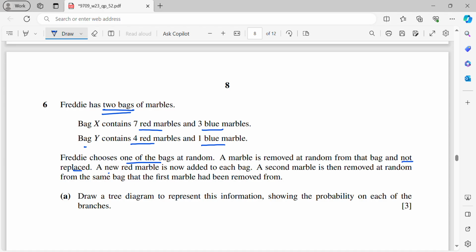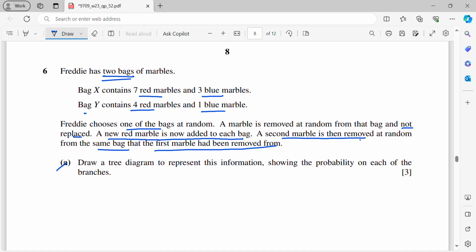Okay. A new red marble is now added to each bag. A second marble is then removed at random from the same bag that the first marble had been removed from. Right. So now, A. Draw a tree diagram to represent this information, showing the probability on each of the branches.